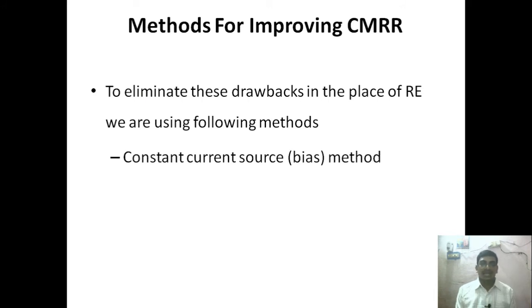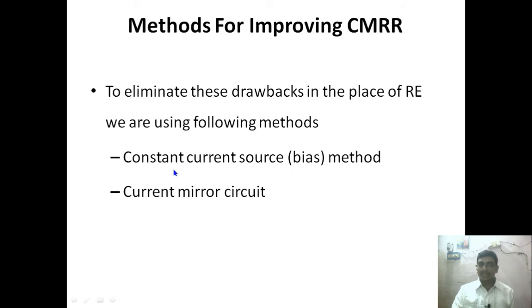Those are the constant current source bias method and the current mirror method. These two methods are very important, and they are useful to increase our CMRR without increasing the value of our RE. So method one is the constant current source bias method, and the second method is the current mirror method.